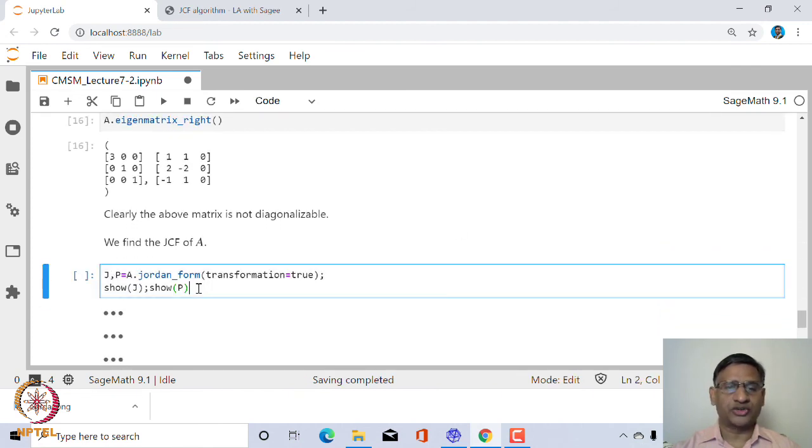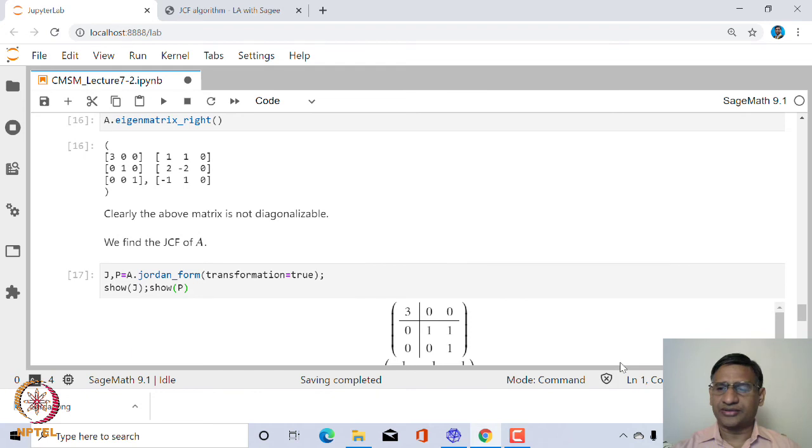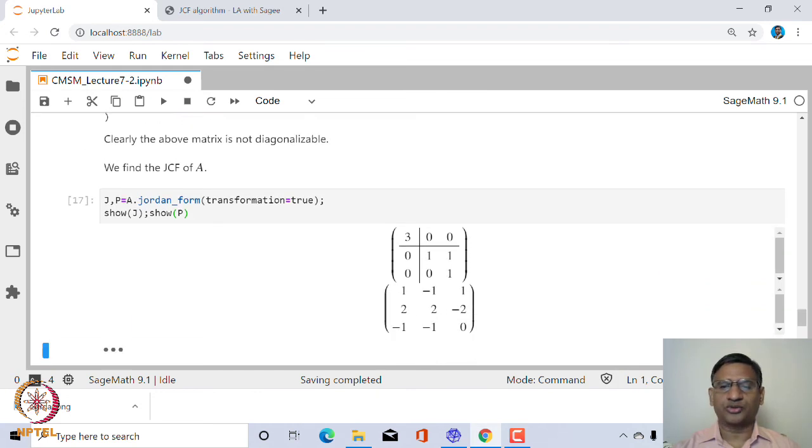So let us find the Jordan canonical form of A, and this is the Jordan canonical form. It has two blocks, one is 3, the other one is the Jordan block with respect to eigenvalue 1, which is 1 1 0 1. And this is the matrix P whose first column is the eigenvector with respect to eigenvalue 3, and these two are generalized eigenvectors corresponding to eigenvalue 1, right.